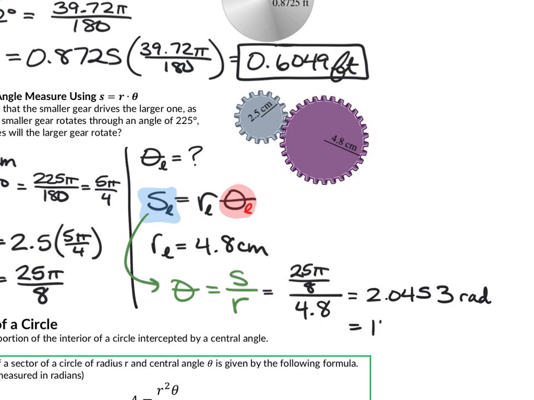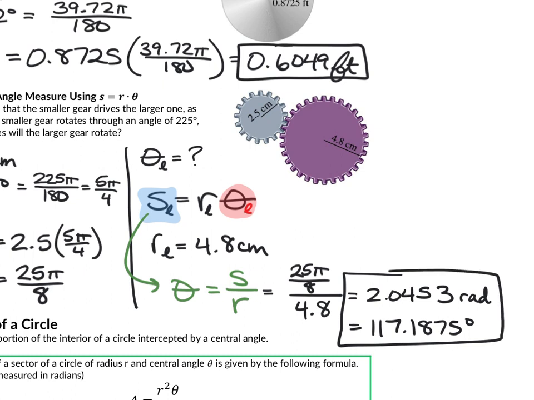That's when we get the 117.1875 degrees. So if you answer in radians, which is what we're getting out of this formula, but the question itself needs the answer in degrees, you just have to multiply by 180 divided by pi to get it into degrees. Just depends on what the question is asking for.